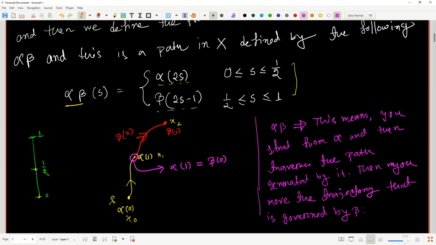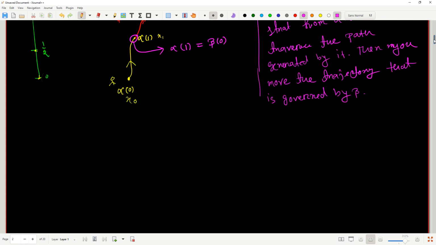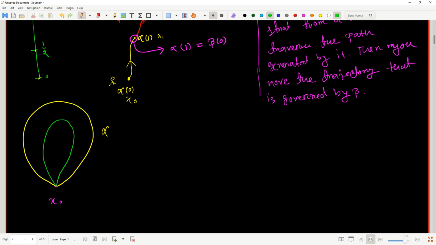In fact, you can even do this kind of product for loops as well, and let me show you in a brief manner what they look like. Let's say I have a point. In fact, this type of point will be called a base point later on. So let's draw a loop like this. Let's say this is the loop alpha, and let's say I have another loop like this, beta. Here, what does beta times alpha mean?